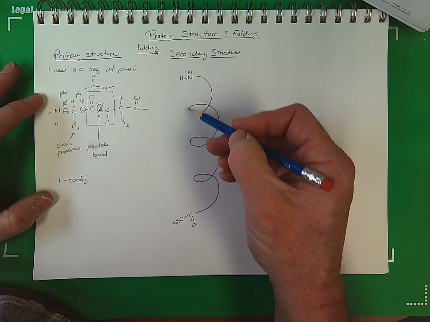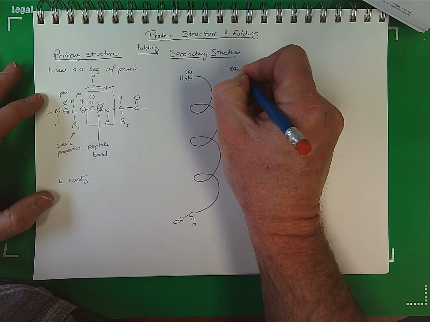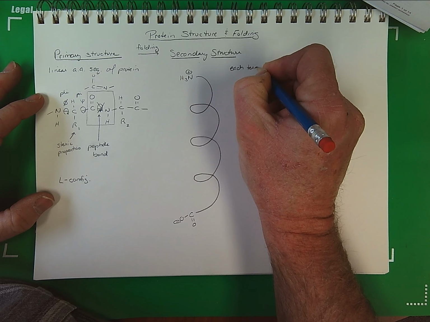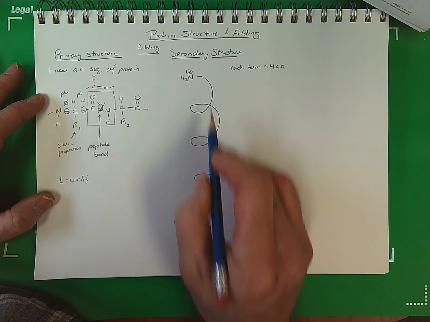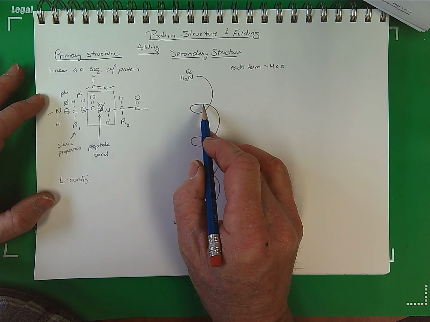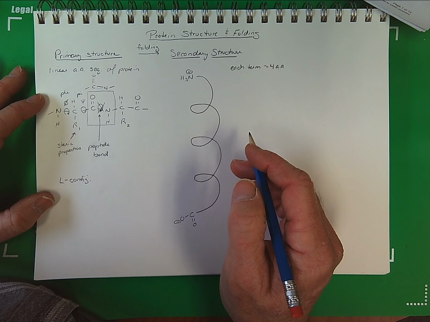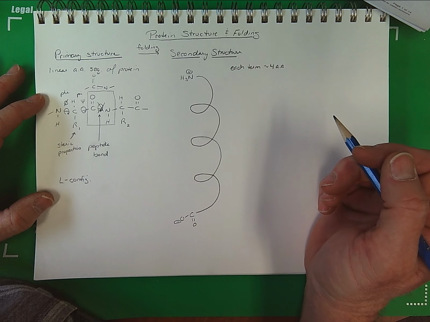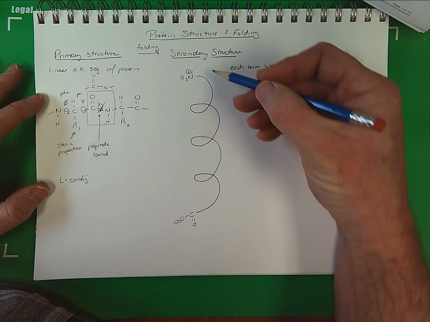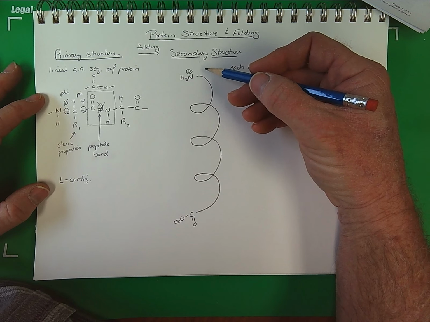Each turn is approximately 4 amino acids long until we come back to the next point. Now, as you can imagine, this can be a very flexible structure. So we want to stabilize the secondary structure.